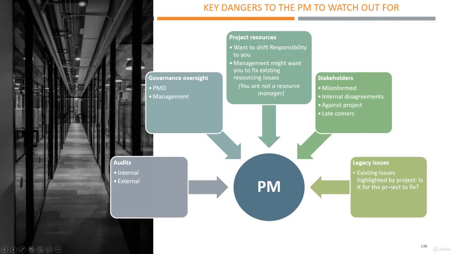Things were never working to start with, now they have a project working in this area. Is it really your role to fix those in the long term? So that's it. It's more awareness of this danger, for this step of the framework.